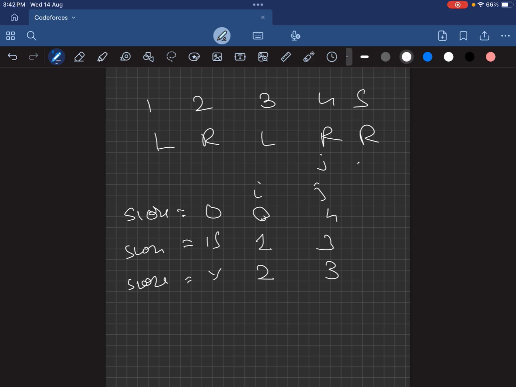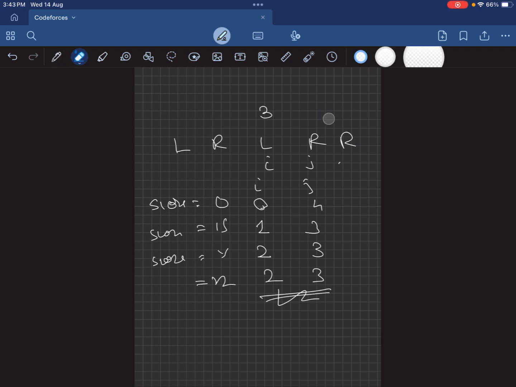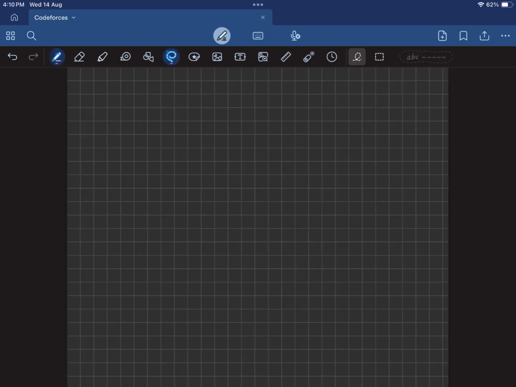Now you can see that in this case, there is L and R next to each other. Since there are L and R next to each other, we'll add their score to our score. So our score will become 22, and J will become 2, and I will become 3, and this is our stopping condition. So this is how we are going to solve the problem. We'll print 22 as the answer.